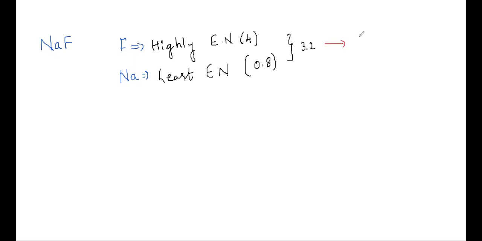Ionic bond. Yes. So if the electronegativity difference is greater than 1.7, or it exceeds 1.7, then the nature of that is going to be ionic. Is that clear?